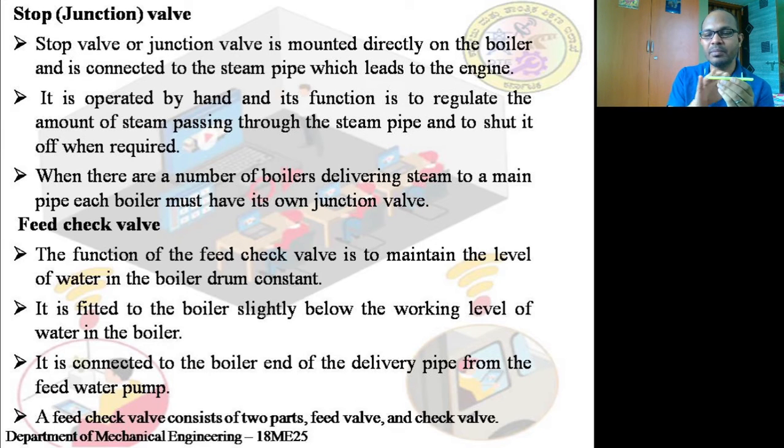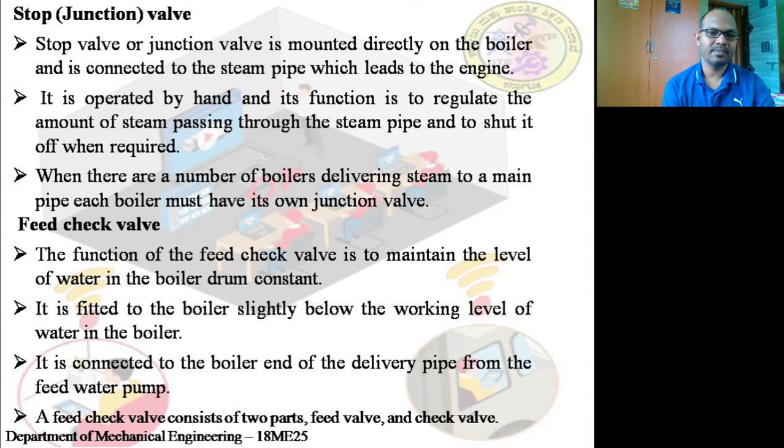The amount of steam that each boiler supplies is handled manually, and this will either restrict or allow the steam to join the main pipeline or the turbines. That is the use of the boiler steam stop valve or junction valve.